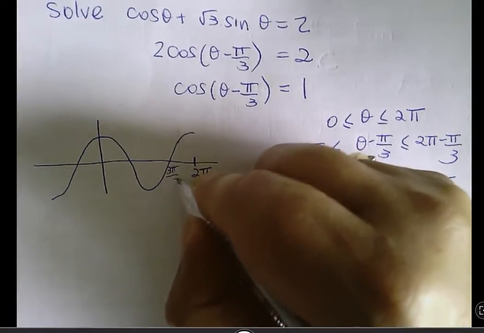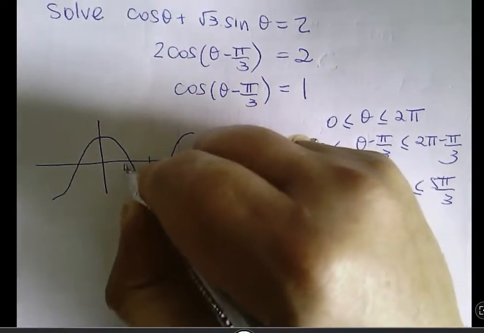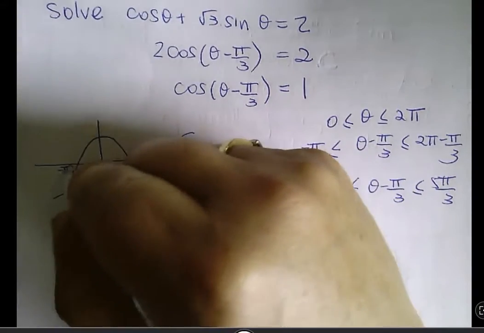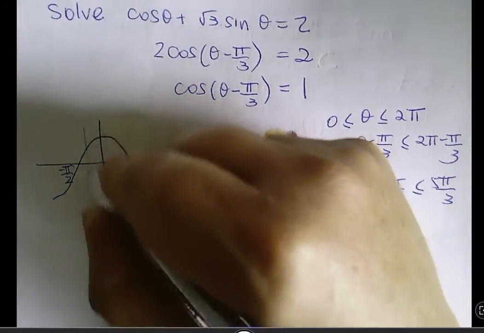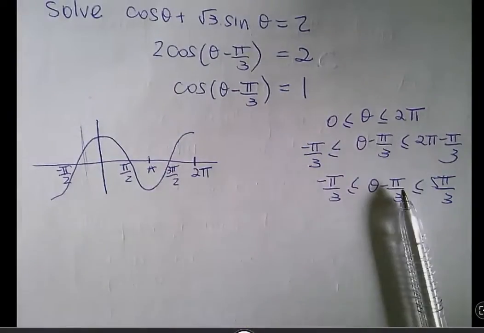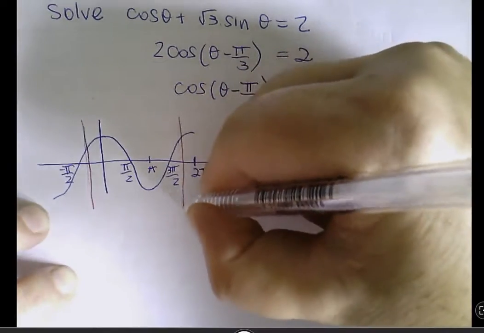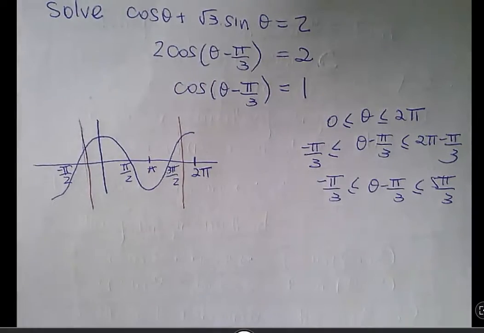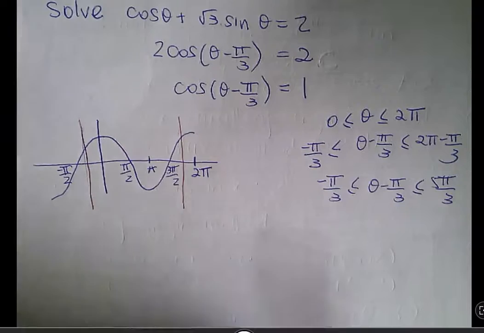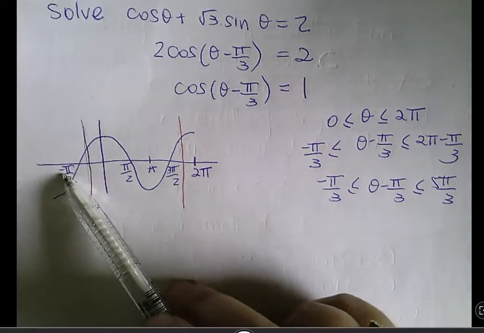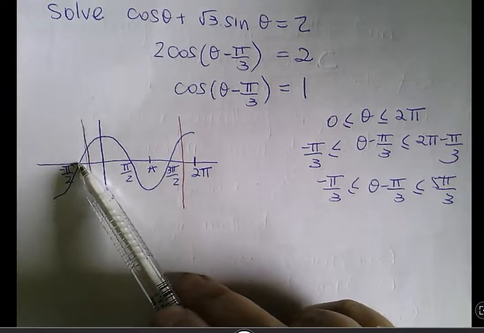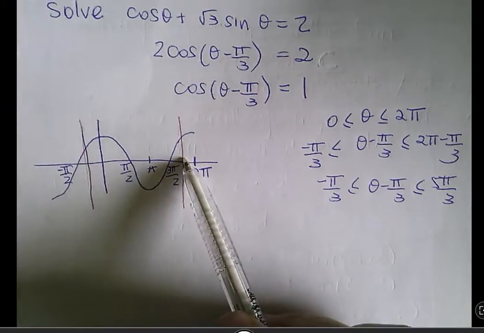That's 3 pi on 2. That's pi. That's pi on 2. That's negative pi on 2. We're actually going roughly from about here to there. Do you get that? We're going from minus pi on 3, which is minus a third pi, which is not as far as minus pi on 2. Do you get that? All the way up to there.